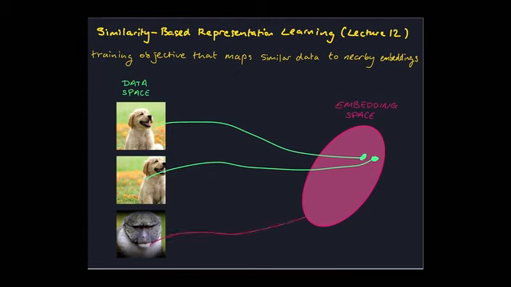Then you want to take a data point from a very different class and map it to an embedding that's far away. We call these contrastive learning algorithms. They're good ways to learn representations, and sometimes we think of them as unsupervised ways to learn representations. But anyway, that was last lecture.